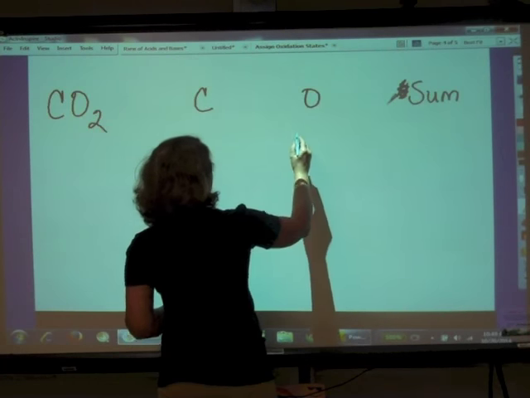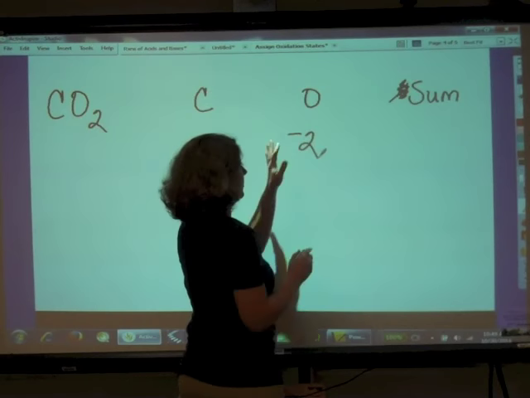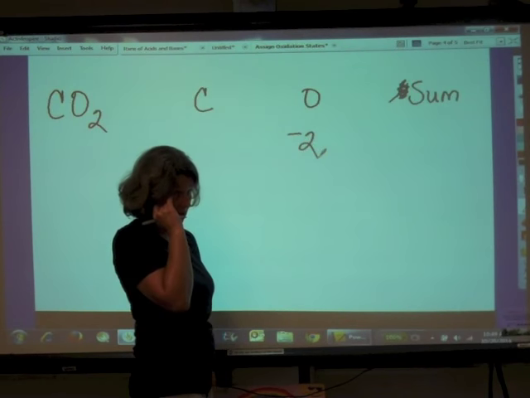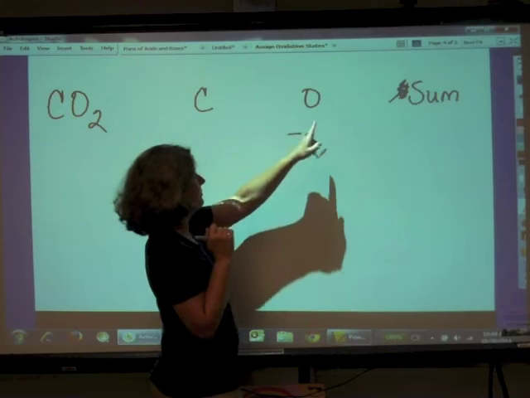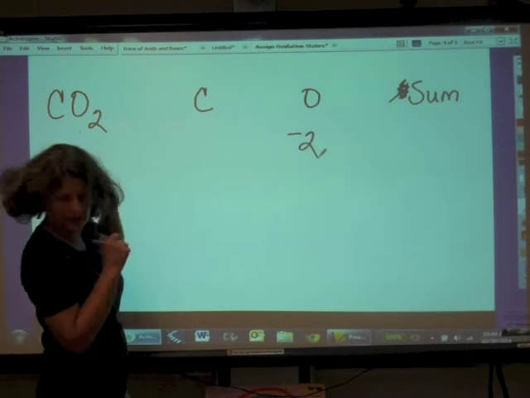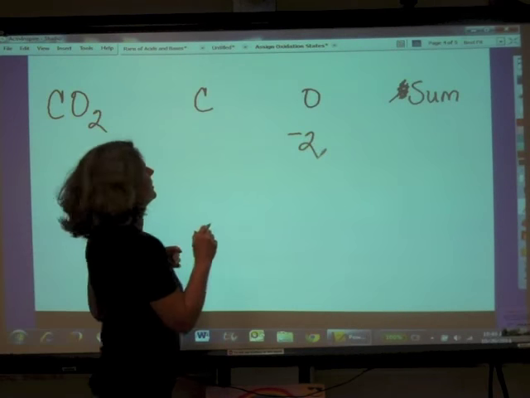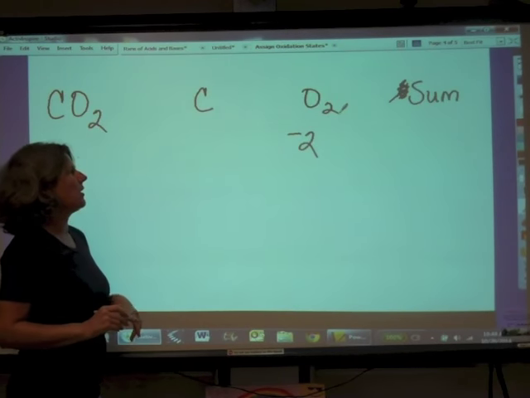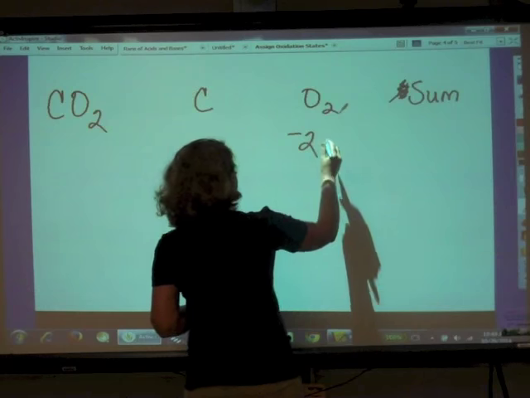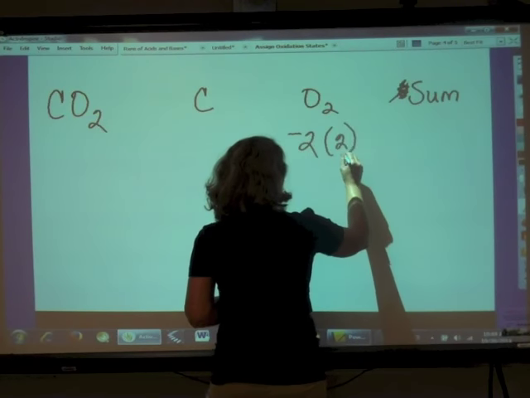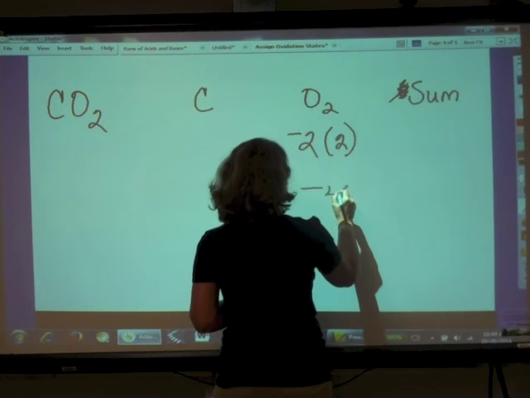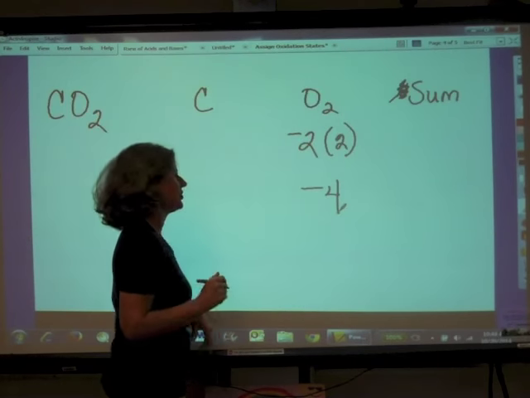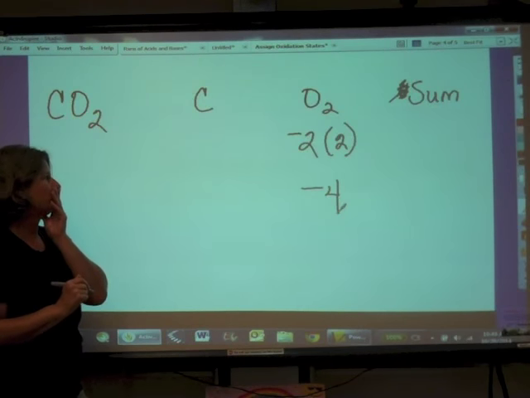So I'm going to say -2 because I know that that's the oxidation state of oxygen in a compound. And how many of them do I have in the compound? I've got 2 of them. So overall, in terms of oxidation state coming from the oxygen, I've got a -4.